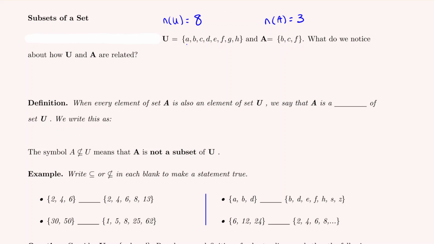Another thing to note: we've identified the cardinal numbers of both sets, but there's a bit more going on with these two particular sets if we start looking element-wise.